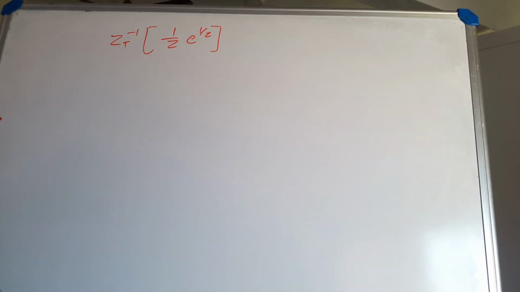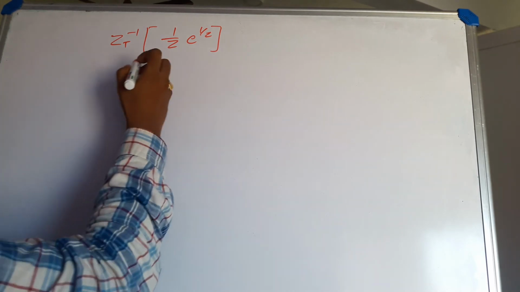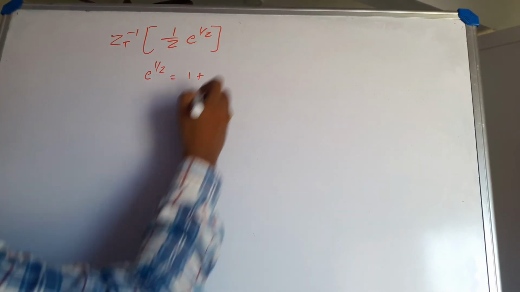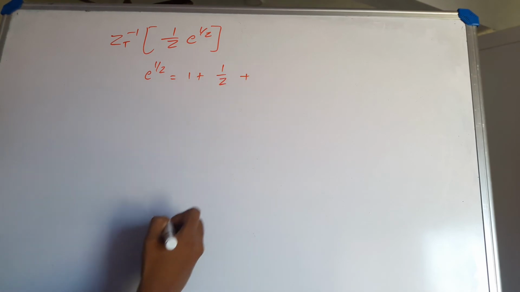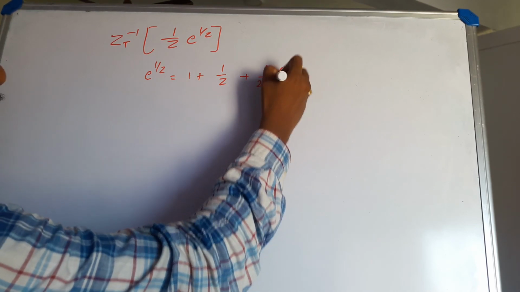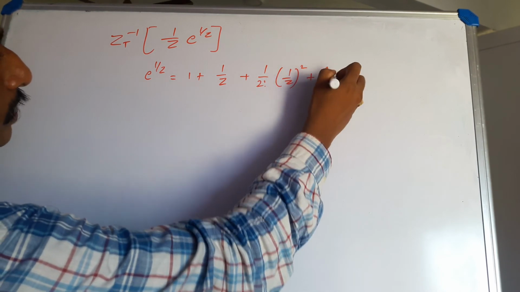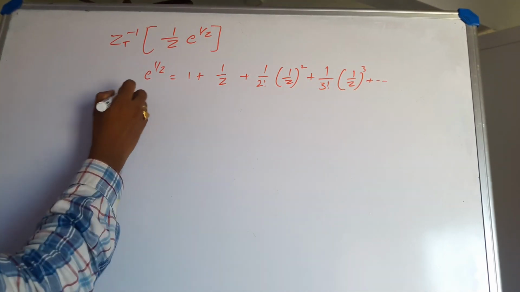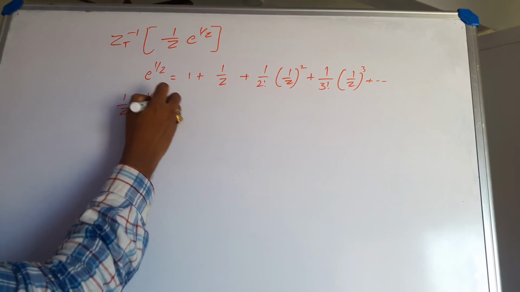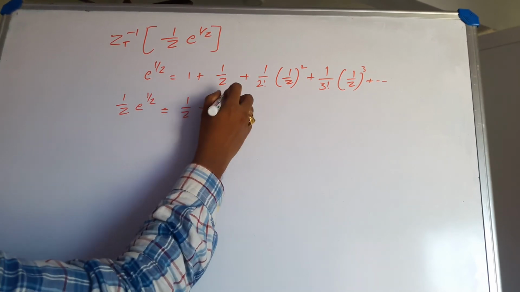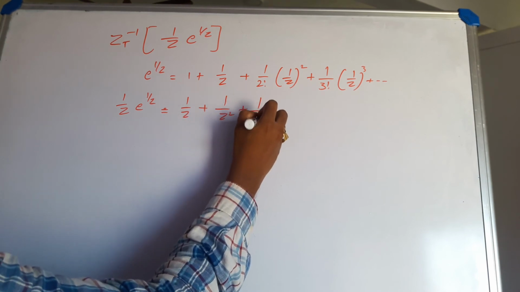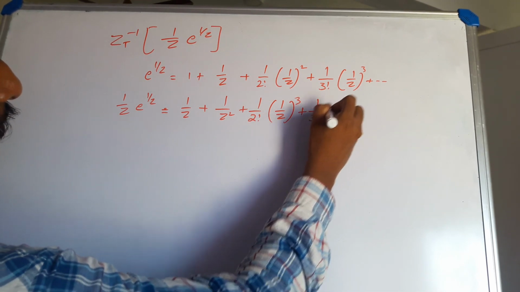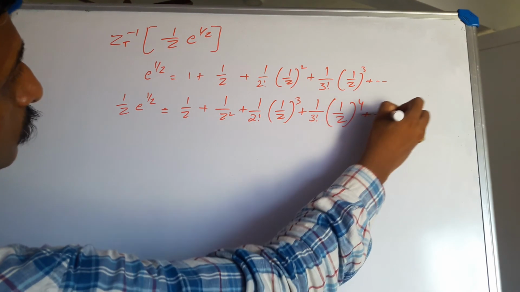And let us find the inverse z transform of this function. Now e to the power of 1 by z I can write as 1 plus 1 by z plus 1 by 2 factorial into (1 by z) whole square plus 1 by 3 factorial (1 by z) whole cube and so on. So 1 by z multiplied with this, I get 1 by z plus 1 by z square plus 1 by 2 factorial 1 by z cube and 1 by 3 factorial 1 by z power 4 and so on.